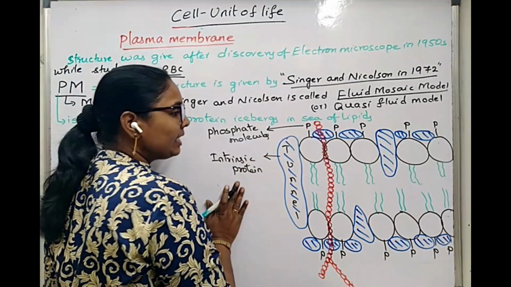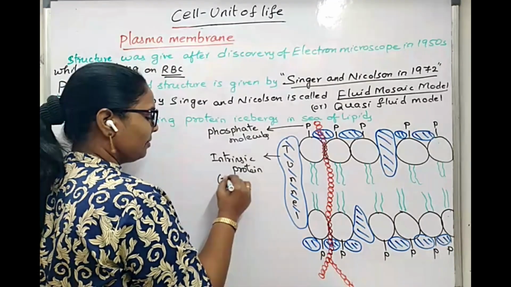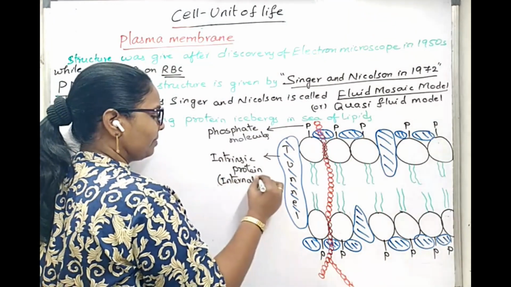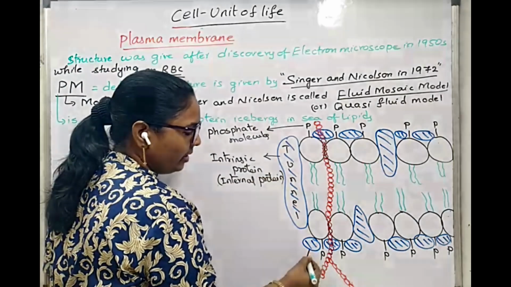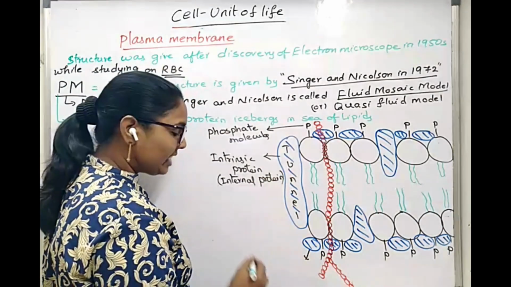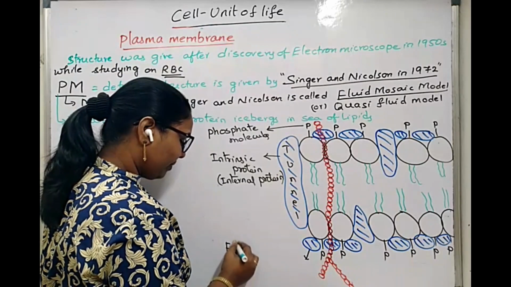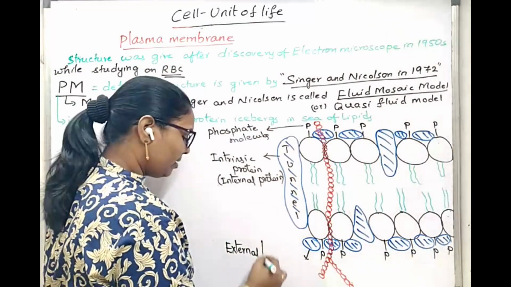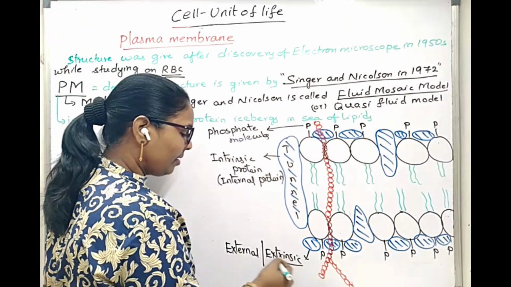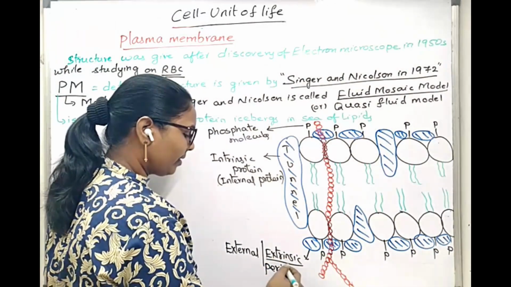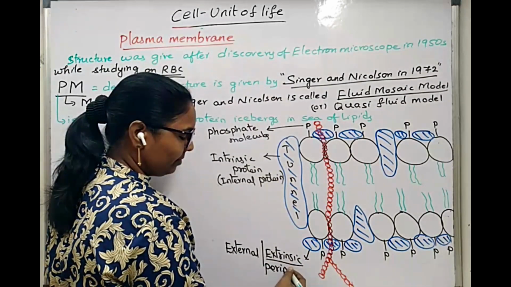Intrinsic means internal protein. These are peripheral or external protein. External, this is also called as extrinsic or peripheral proteins, outermost proteins.